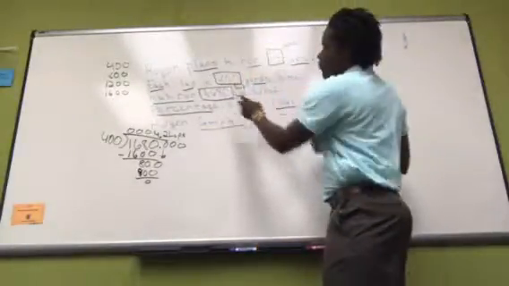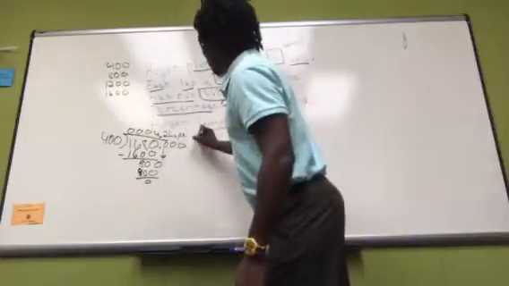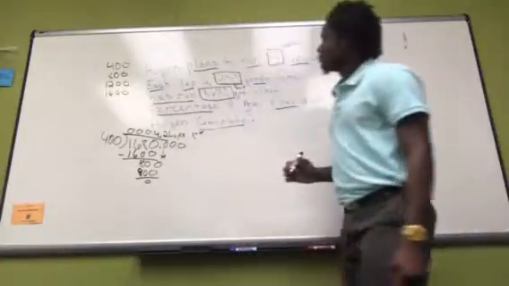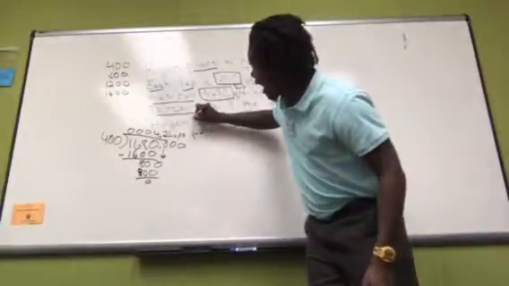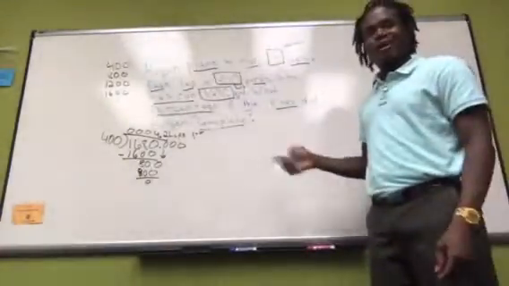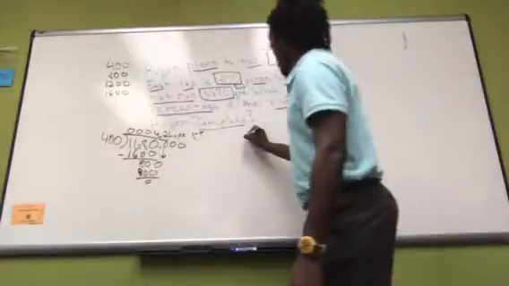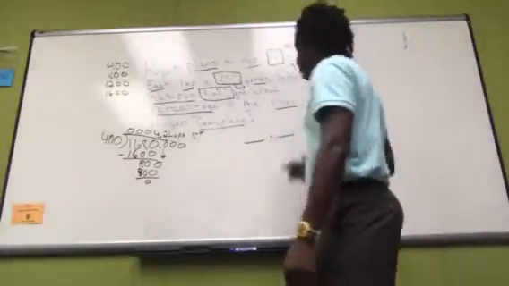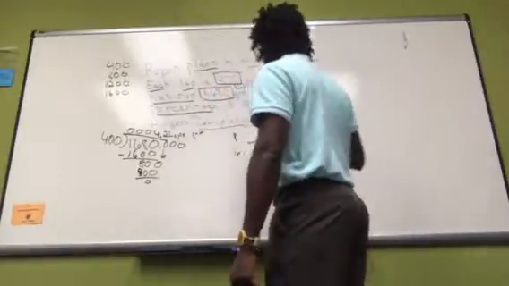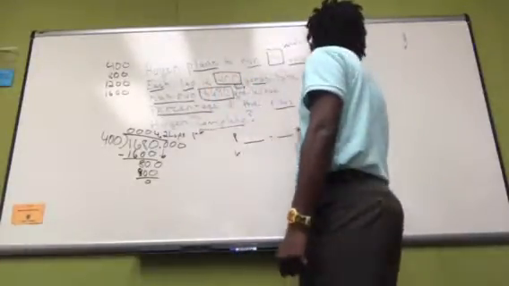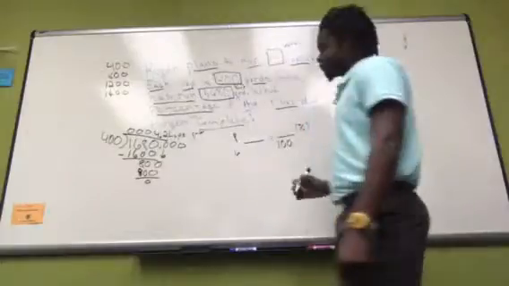And I converted this part to laps over here. I also know that all percentages are out of 100. So when I set up my proportion, I know that I'm going to have 2 fractions that equal each other. I'm going to have a part, a whole, a percent, and 100.